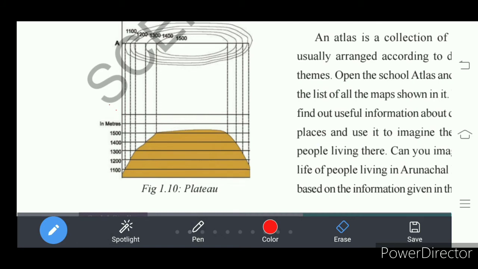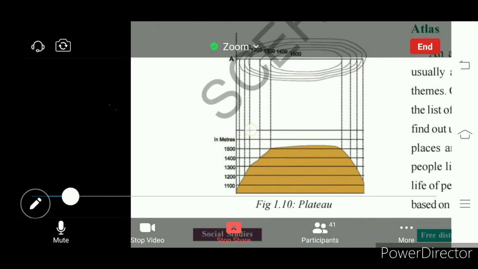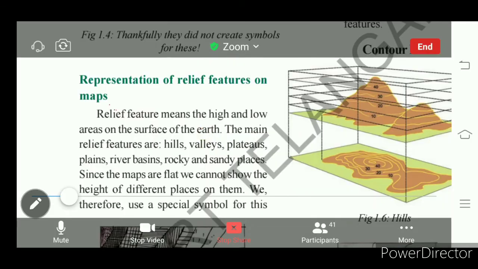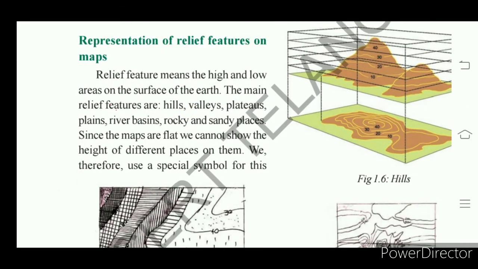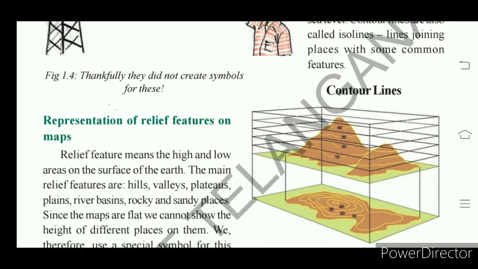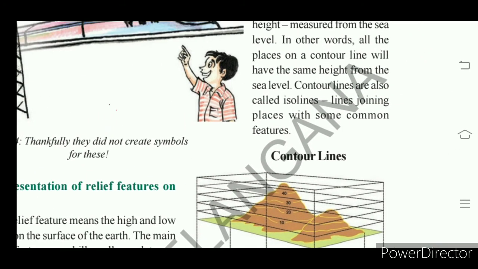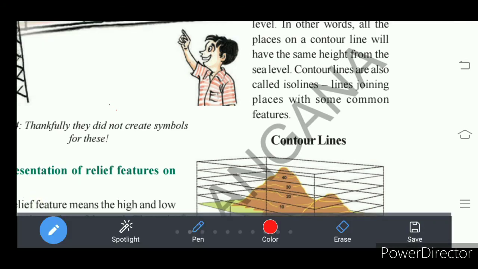So in this way, the relief features of a place are shown on a map using contour lines. So what are contour lines? Contour lines are those which show the places which are at equal height.